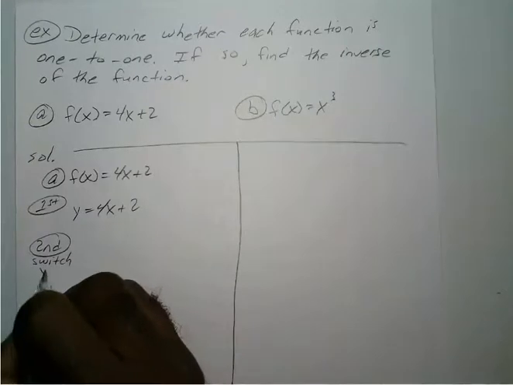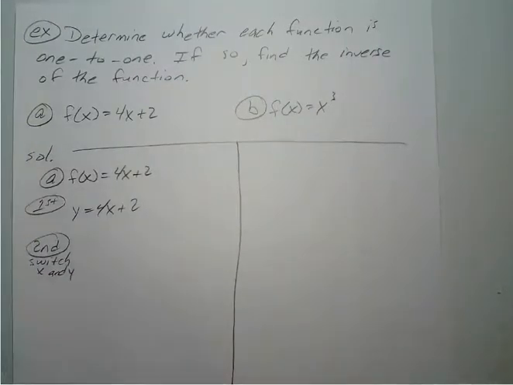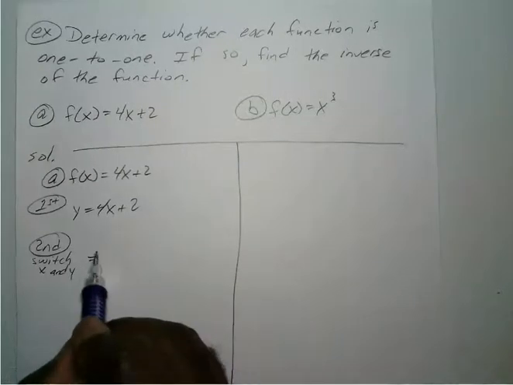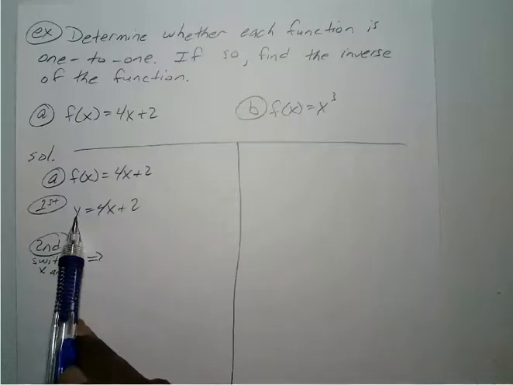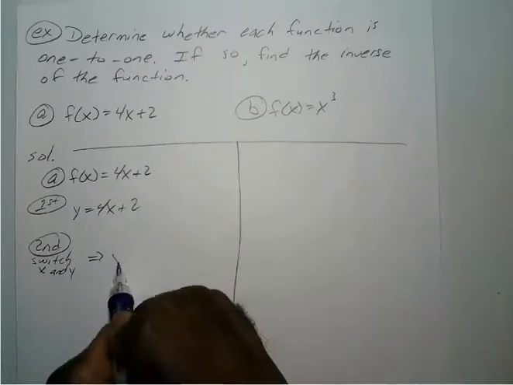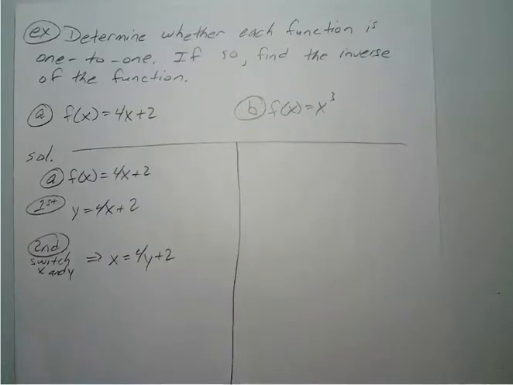You're going to switch x and y. So instead of y equals 4x plus 2, your y's are going to become x and your x will become y. So you have x equals 4y plus 2.